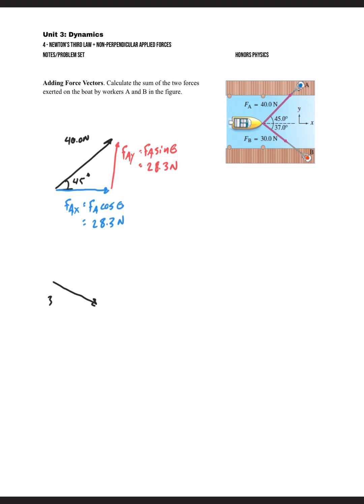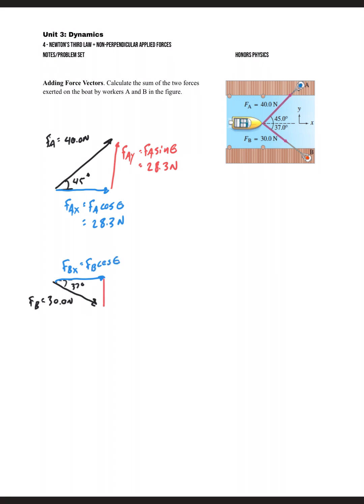FB is here down at 30 newtons. This is FB here. This was FA, forgot that guy. And once again, here's my angle. In this case, it is 37 degrees. So I have an X direction, we'll call that FBX. And that is FB cosine theta.